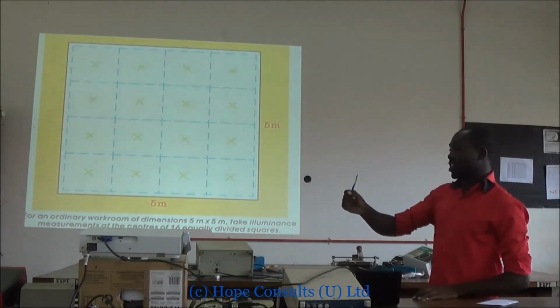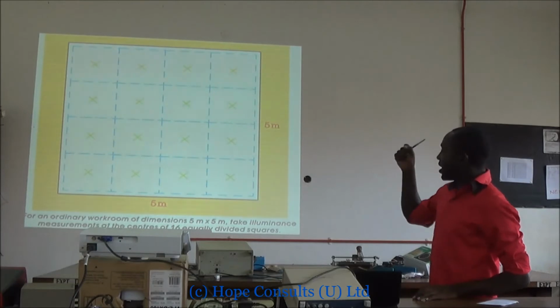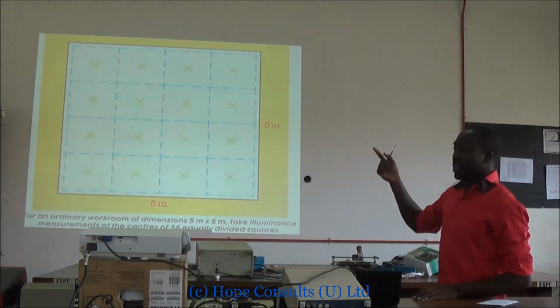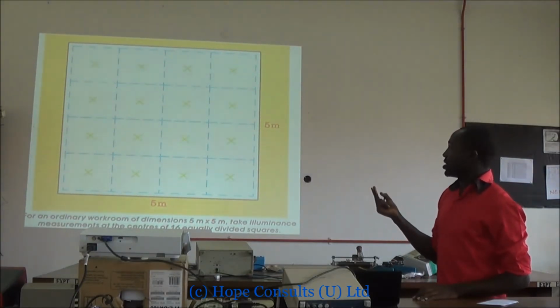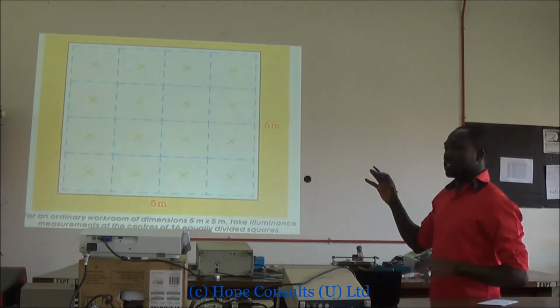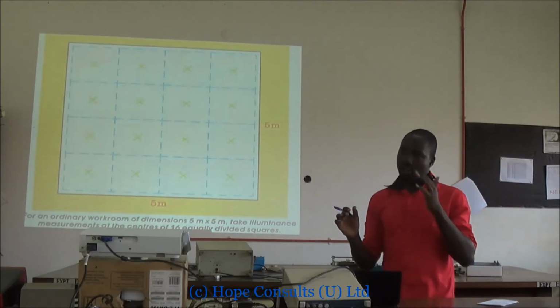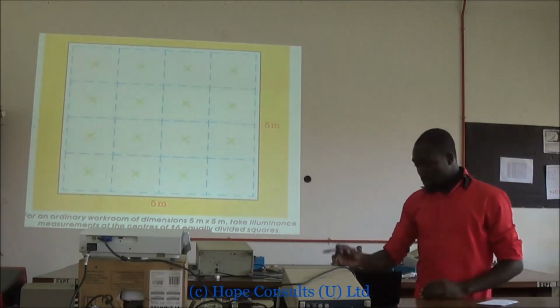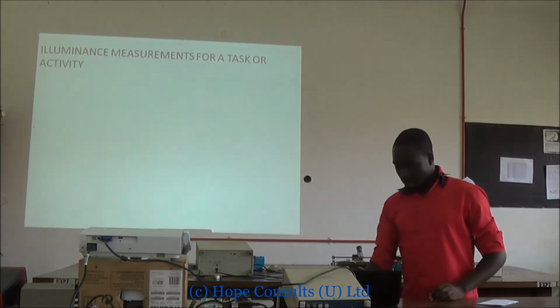Then you use the sensor, direct it to the center of every square and record the measurements as displayed on the machine. Then you average it. What you get is what we take to be the average luminance of that work area.